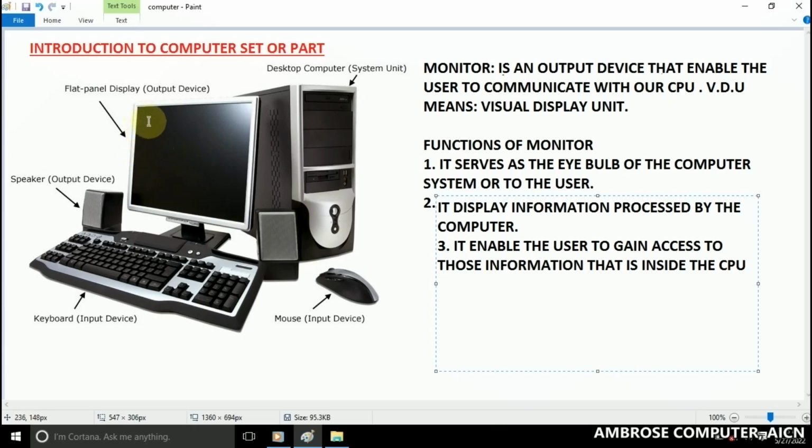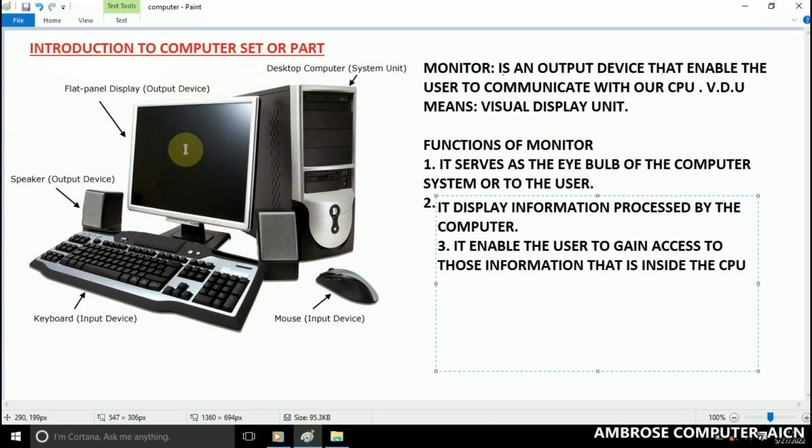The recent monitor that we have now, we call it dual, where the monitor and the CPU are built together. So we refer to it as a dual computer. Once the monitor is bad, you have to change the whole screen, so there is also a disadvantage between this one and the other one.